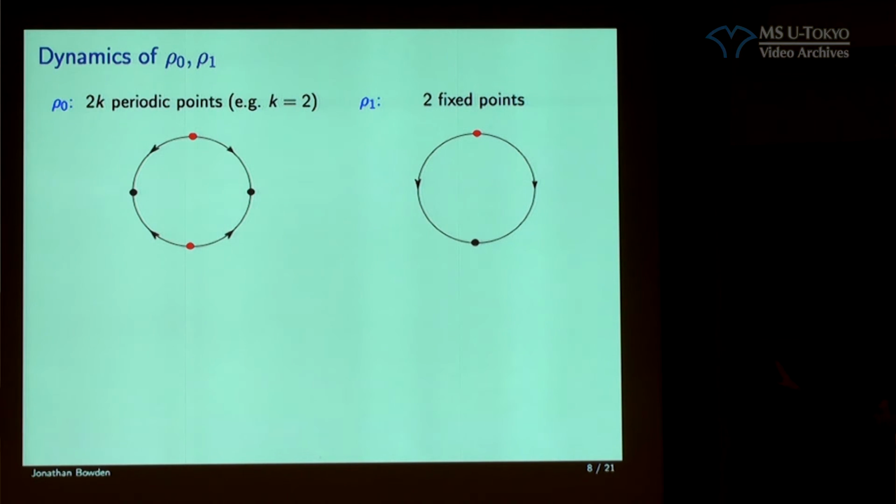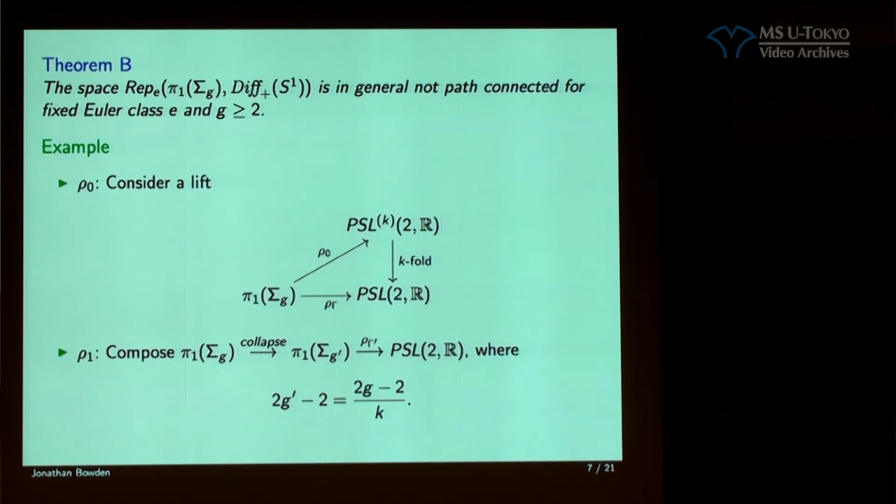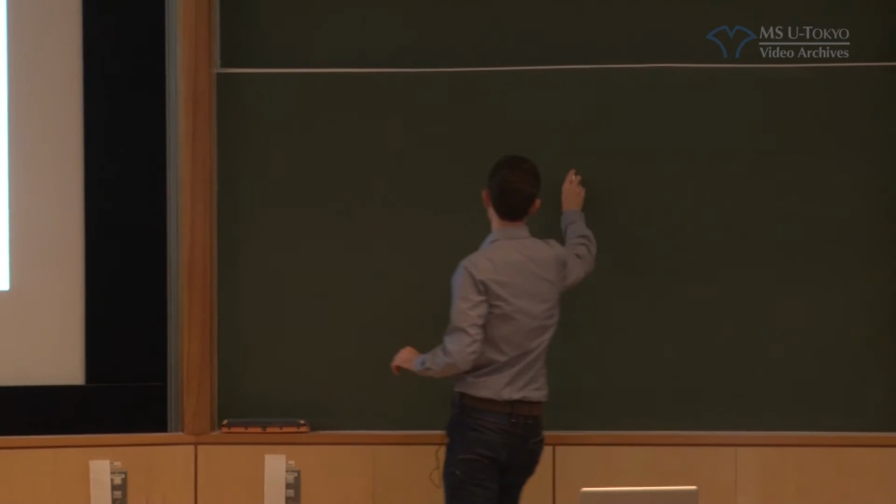Of course, rho 1, I'm sorry, maybe it was a bit quick here. Let me go back. I said to take a lower genus surface, but I didn't say what I meant. Maybe it's obvious, but I should say it explicitly. I have the lower genus surface and the higher genus surface. How do I get from one to the other? I crush down a bunch of handles, right? We do a collapse map. Maybe a picture explains that.